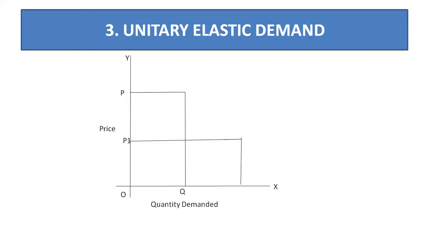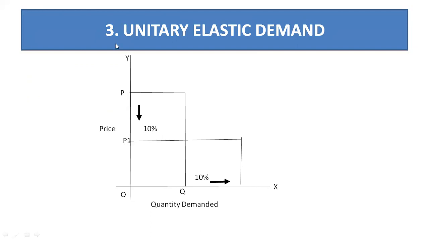Now you can draw that when the price decreases from P to P1, the quantity demanded increases from Q to Q1. So here, if the price decreases from P to P1 by 10%, then the quantity demanded increases from Q to Q1 by 10%.